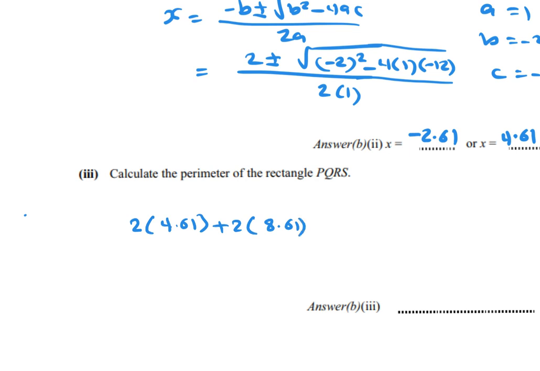You can get the answer on the calculator. 2 times 4.61 plus 2 times 8.61 equals 26.44. So 26.44.